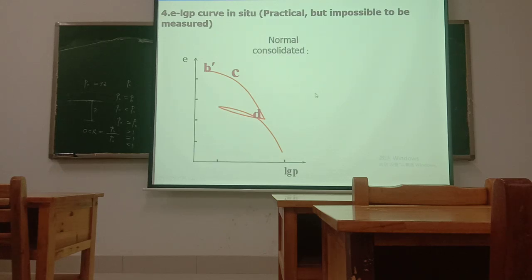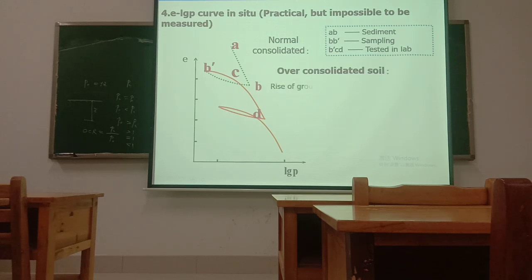Here, for normally consolidated soil, we can use the curve BCD.